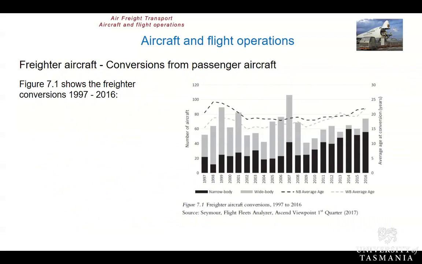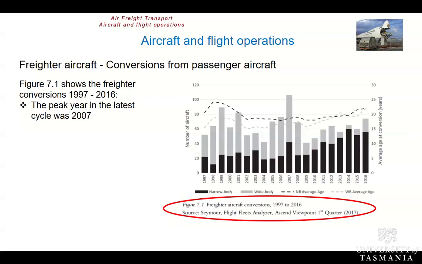Just to give you a sense of the conversions over time, this particular chart shows us the conversions of narrow-bodied and wide-bodied aircraft over the last 20 years. What we can see in 2007 is a very buoyant time for the air cargo industry. It was peaking at that point in time, so there was quite a significant number of conversions of both narrow body and wide body.